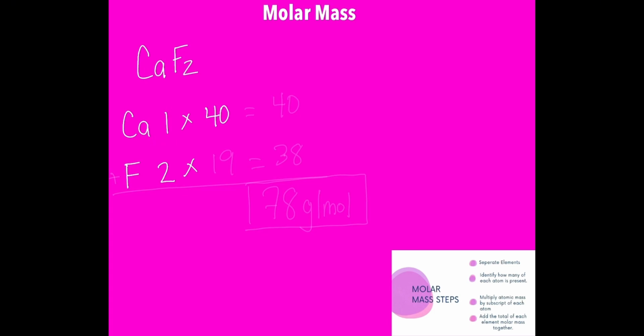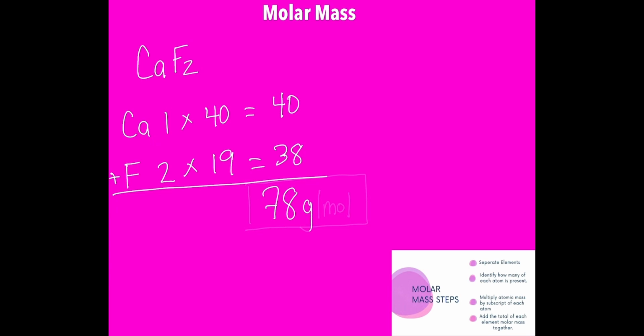For fluorine, it is 19. So 1 times 40 is 40, and 2 times 19 is 38. Once I get that, I add these numbers together, and I get 78.